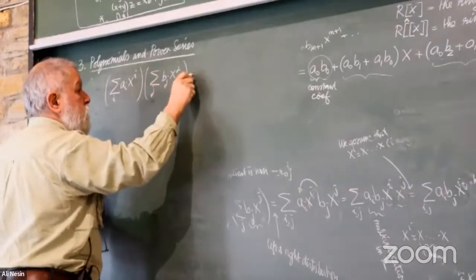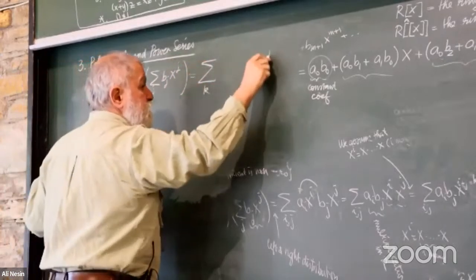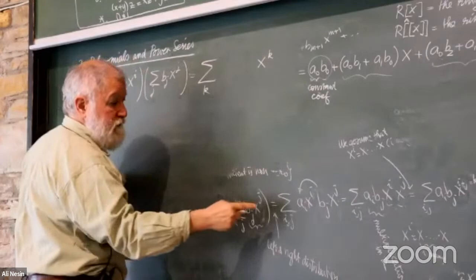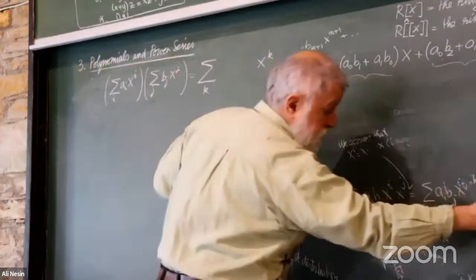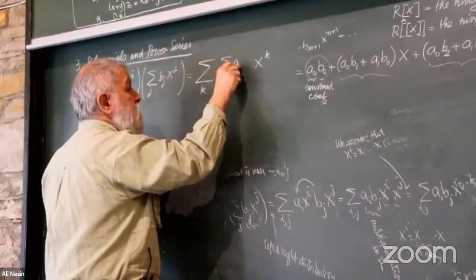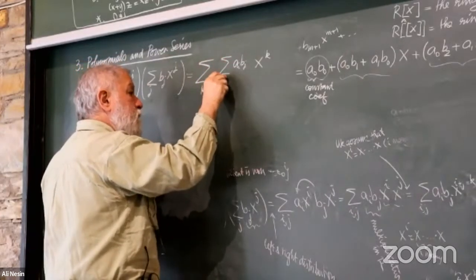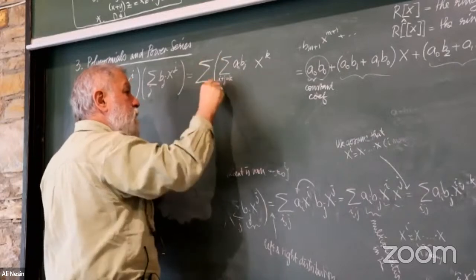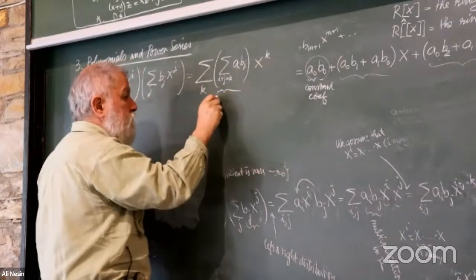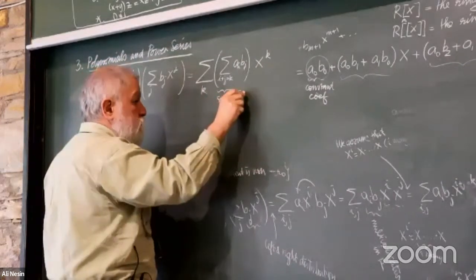This is equal to the sum over k of x to the k, and here you have a coefficient: the sum of a_i times b_j, for i plus j equal to k. Here, this is a sum of k plus 1 terms.